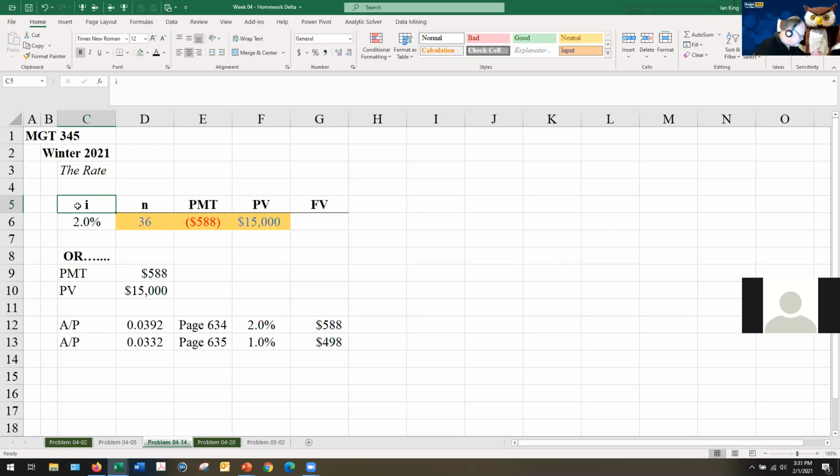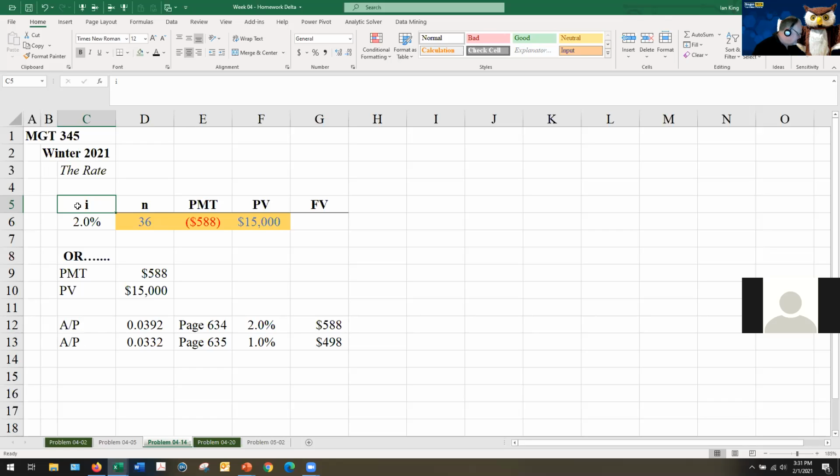Okay, in terms of this chapter, that would be a capital recovery formula. If I go back to the end of the chapter on page 142, they give you a bunch of different series formulas. It's capital recovery because from the bank's standpoint, they want to recover their $15,000.